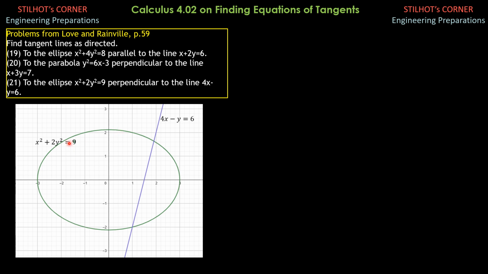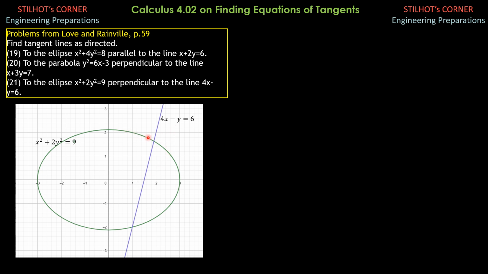For the sketching of this graph, you need to review algebra, or in calculus, particularly conic sections. This is the line 4x minus y equals 6, and this is the ellipse, and the condition is the tangents are perpendicular to this line.